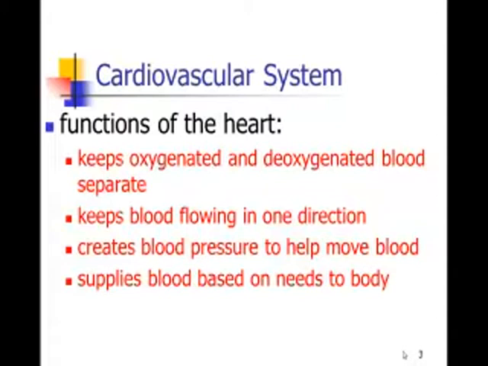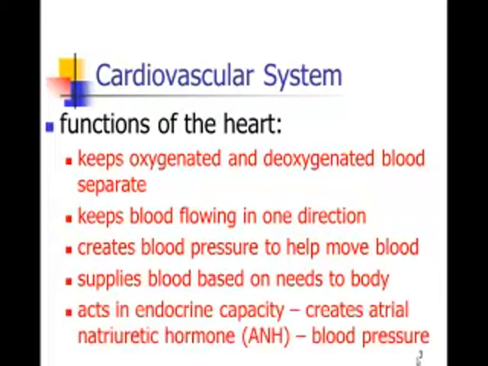We have to do this because we don't have an infinite amount of capacity to get blood circulated through the body. There also is an endocrine capacity, specifically within the heart, and the atrial natriuretic hormone, ANH, is produced by the atria, and this helps adjust blood pressure.